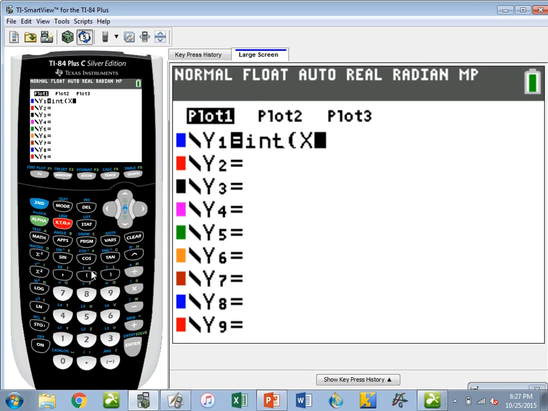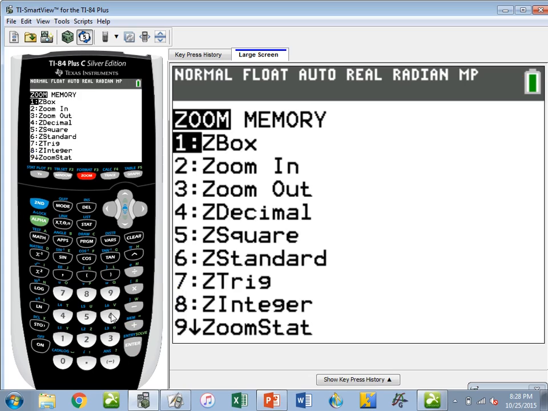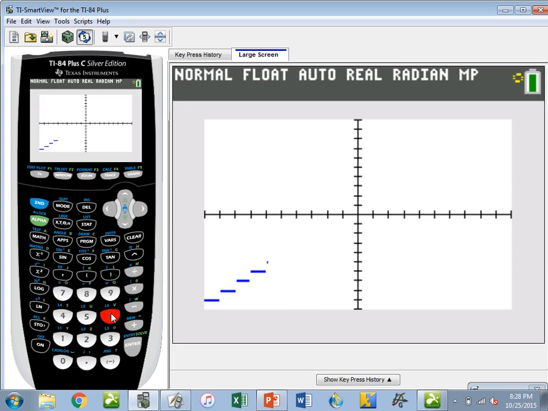So if I put an x in there, and then I do a plus 1 at the end, and then let me zoom 6 this, you get something that looks like this here.